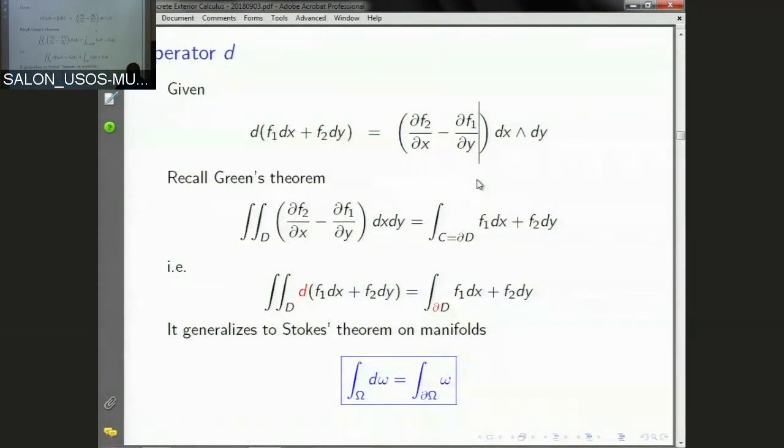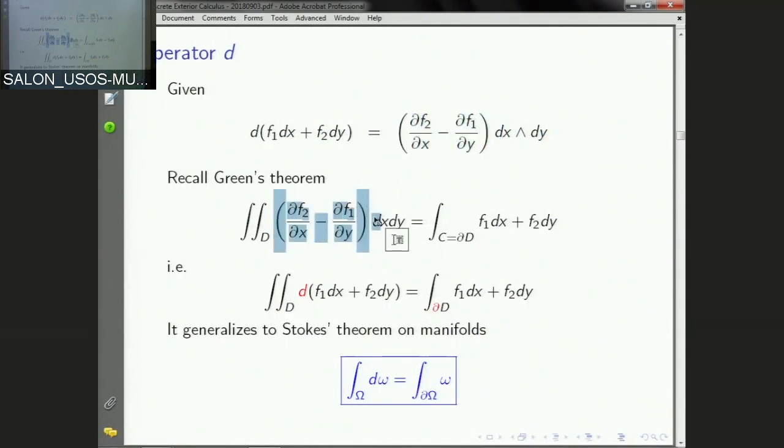The line integral of the vector field over C, which is the boundary of a domain, is equal to this object over the domain D. So it's relating a line integral with a double integral. Now notice that this object that we found by exterior differentiation is exactly the same as the one we have here.